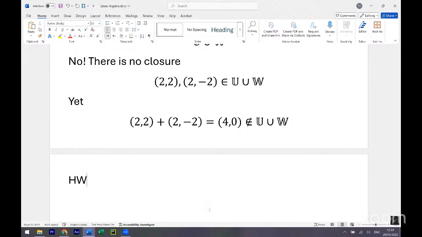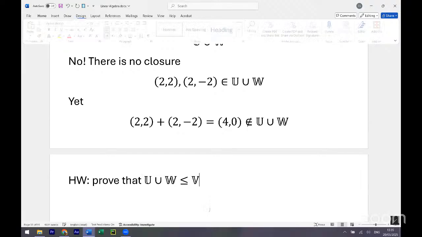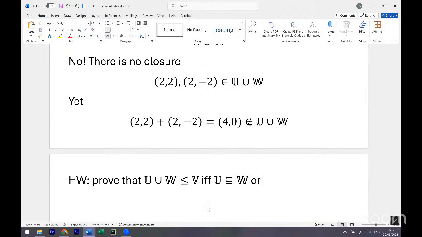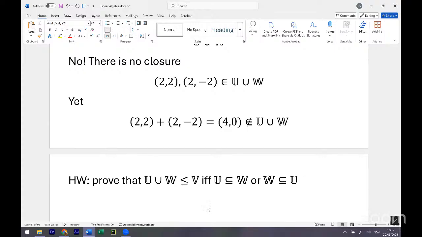Homework again. Prove that the union is a subspace if and only if U is contained within W or vice versa, W is contained within U. It means that the union is only a subspace if the union is actually one of the original subspaces.